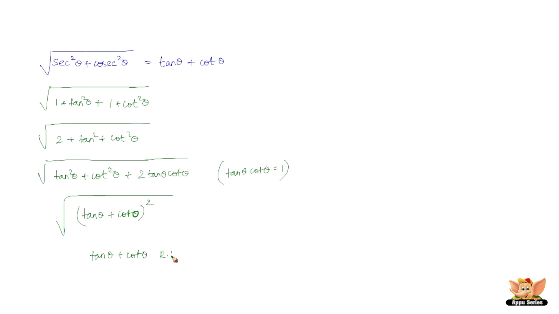So here we are, the right-hand side. We started off from this and we've ended here. So we proved that the root of sec² θ + cosec² θ equals tan θ + cot θ, right? So this ends this video, which contains a set of 2 problems. I'll see you further in the forthcoming videos with more problems on these topics.